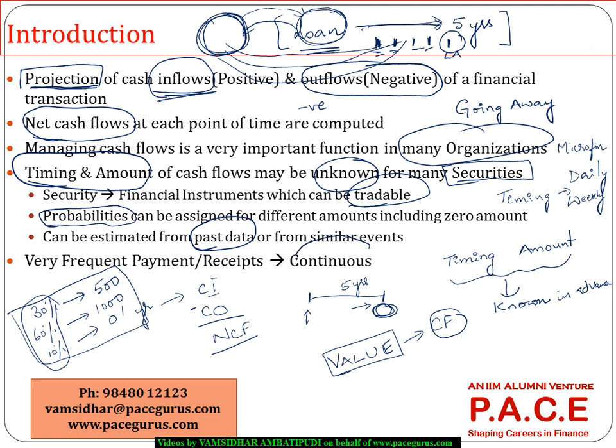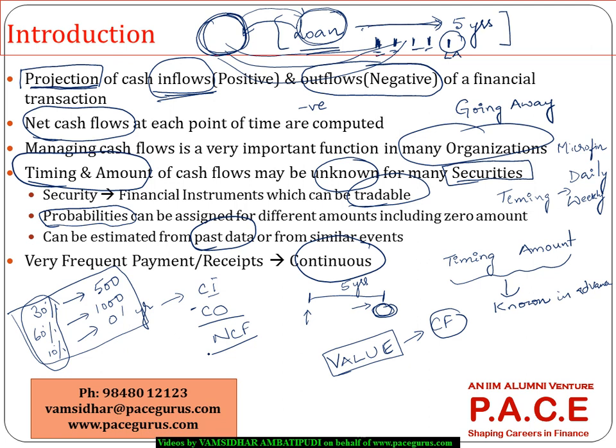We call those kind of payment models as continuous cash flow models. It's easier to go with the word continuous. Continuous means at very regular, very frequent time intervals, the cash inflows and outflows are happening. So this is a very brief introduction to the cash flows.